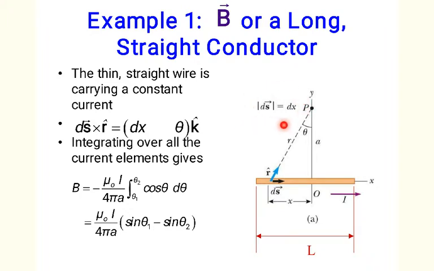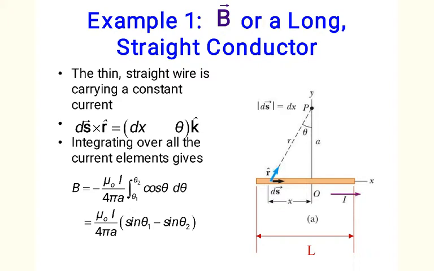The length ds is simply equal to dx, so we could perform integration over dx from the left to the right end of the conductor. But instead of integrating over dx, in this case it is more convenient to integrate over the angle theta shown in the figure.